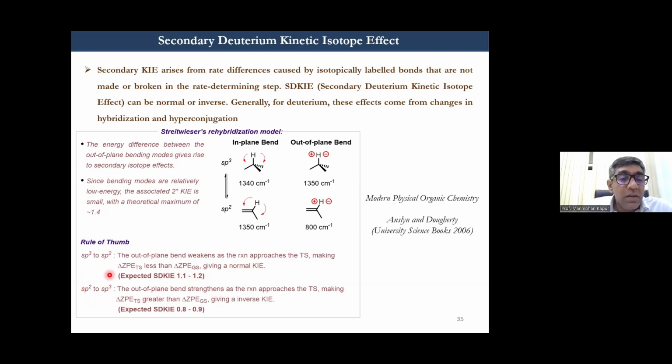When you change the hybridization from sp2 to sp3, you are actually strengthening the out of plane bend as the reaction approaches the transition state, which makes the change in the zero point energy at the transition state greater than the zero point energy change at the ground state, because of which you get an inverse kinetic isotope effect, which usually is in the range of 0.8 to 0.9.